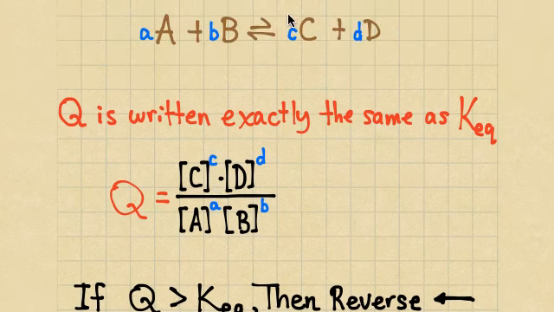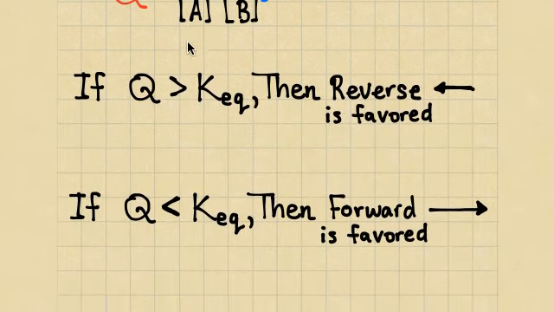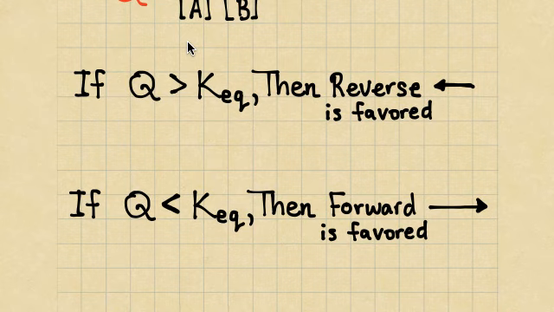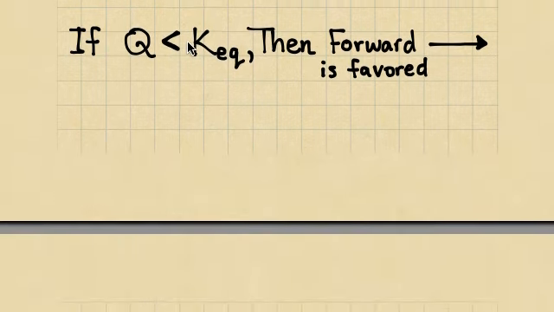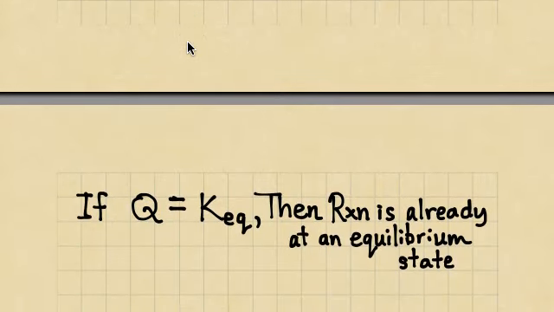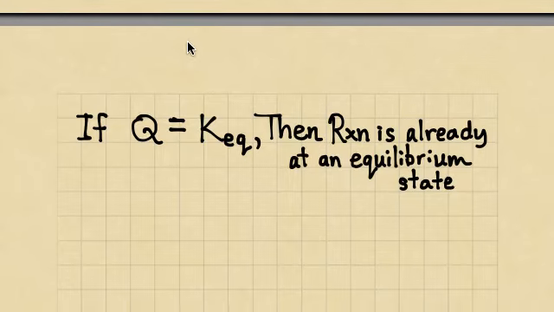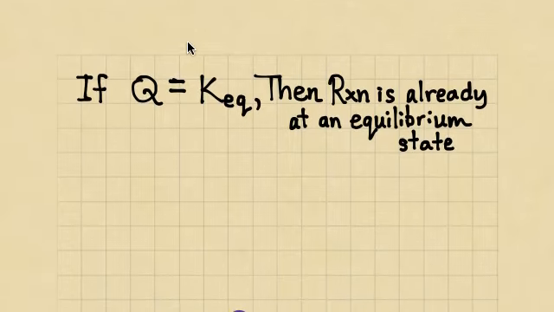If I have too much of this and not enough of that, and vice versa. If Q comes out smaller than K, then the forward will be favored, and the Q will grow in size up until the point where it equals K. If the rare case, or hard to believe it's coincidental, would happen where Q is equal to K, then we are already in an equilibrium state.